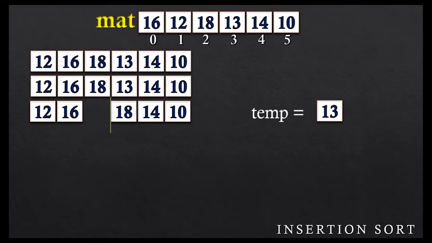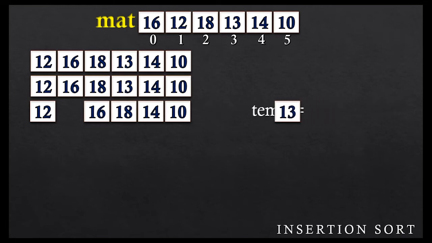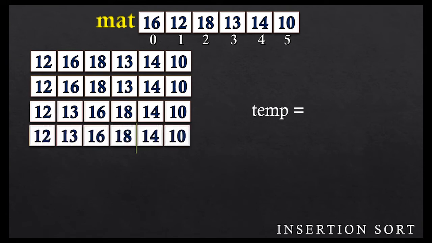Because 16 is more than 13, 16 is also moved one place to the right. And next time when we compare 13 with 12, the condition 13 is less than 12 is false because 13 is greater than 12. So the gap is filled by the temporary variable, that means 13. And now you can see the element positions of the sorted array.